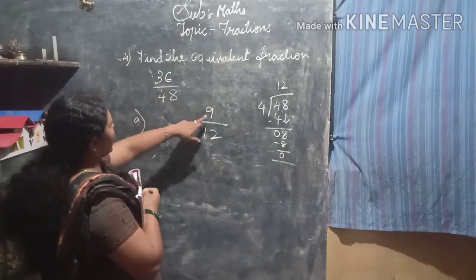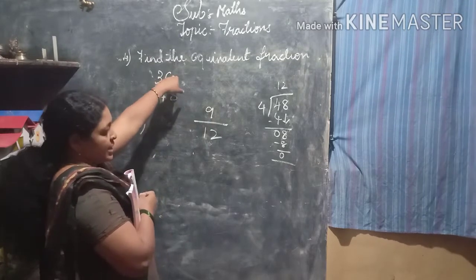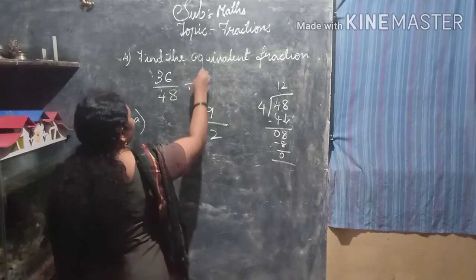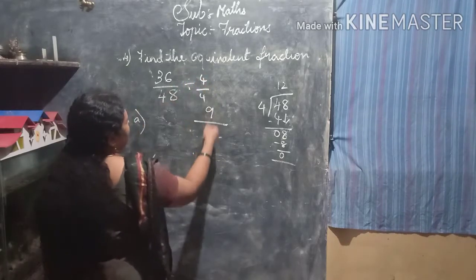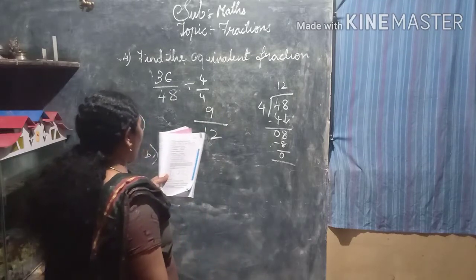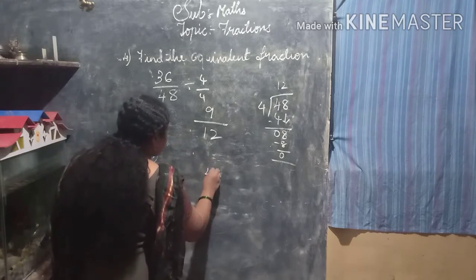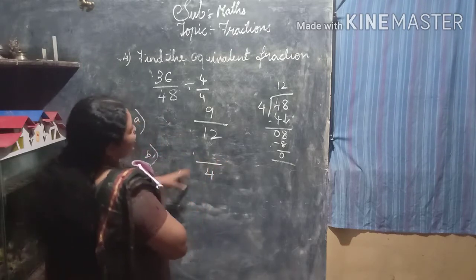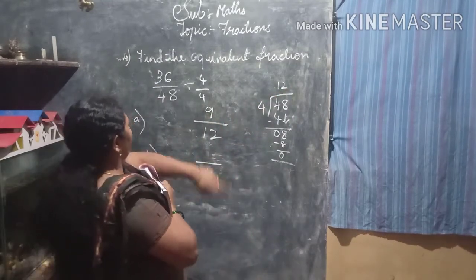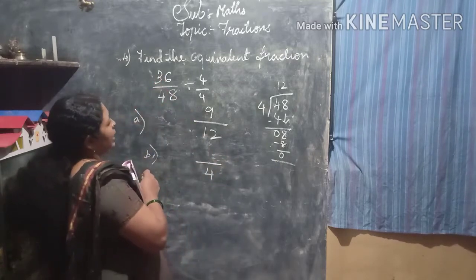See, because already we got 9 as the answer here. Which table will go here? 9 fours are 36. So, the same 4 we have to divide, I'm sorry, if you divide by 4 on both the sides, you will get the equivalent here. Look at the B1. If the denominator is 4, for 36, which table will you get? 12. Okay? 4 into 12, you will get 48. Therefore, what will be the numerator?